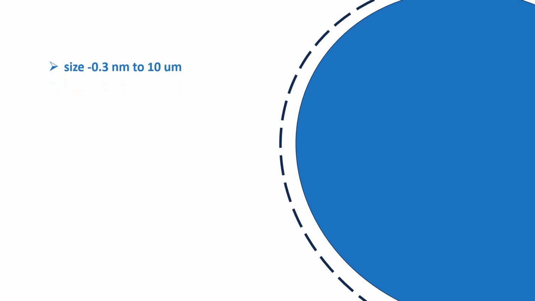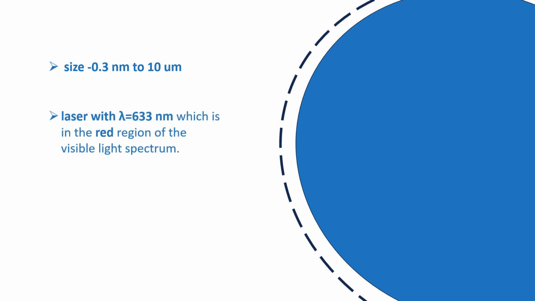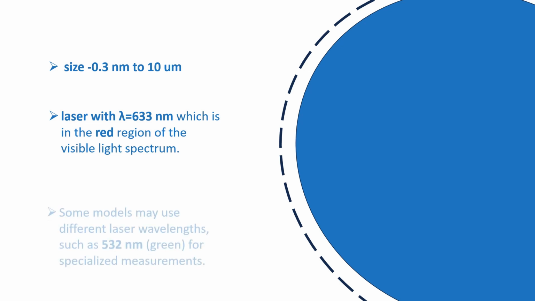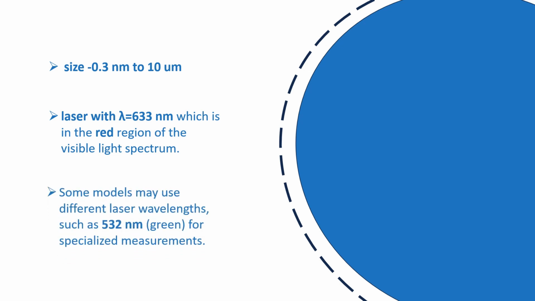A Zetasizer can measure the size of particles ranging from 0.3 nanometer up to 10 micrometers. The laser has a wavelength of 633 nanometers, which is in the red region of the visible spectrum. Some models may also use different laser wavelengths, such as 532 nanometers, for specialized measurements.